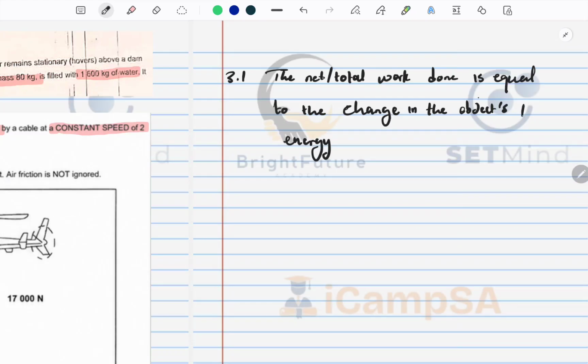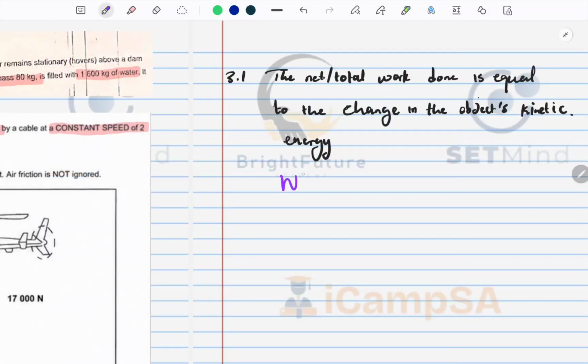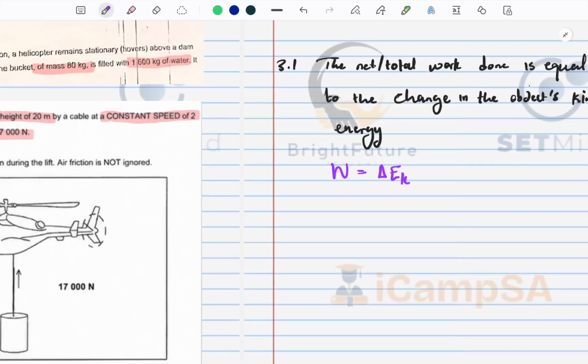This means the same thing we were saying before. We said W is equal to the change in kinetic energy, like so. EK, actually, not K. EK. We had something like so. So if you just remember that W is equal to the change in EK, you know that you've got your work-energy theorem.